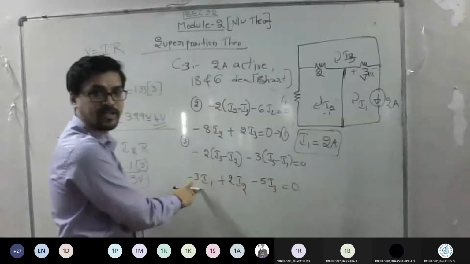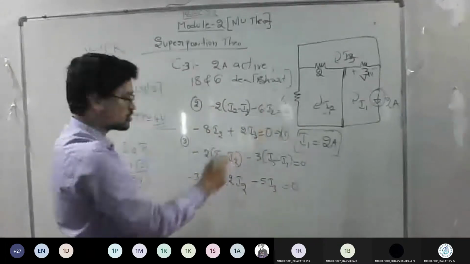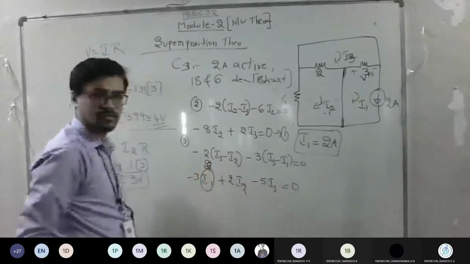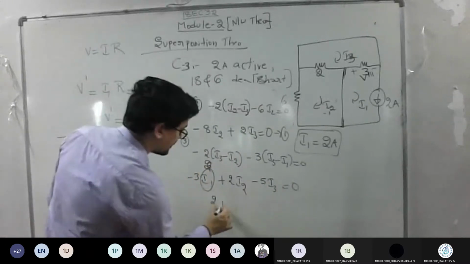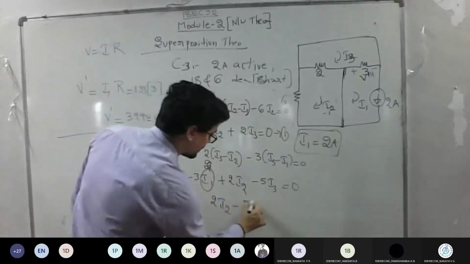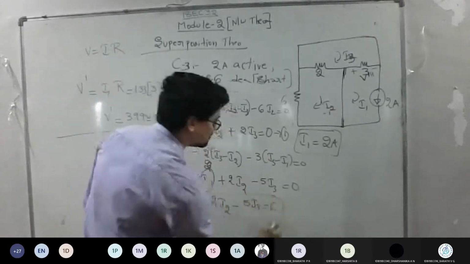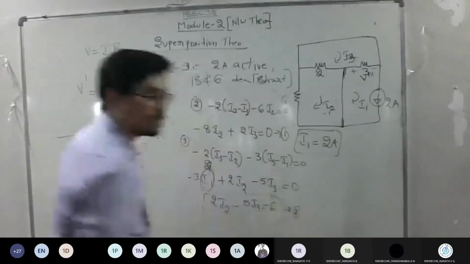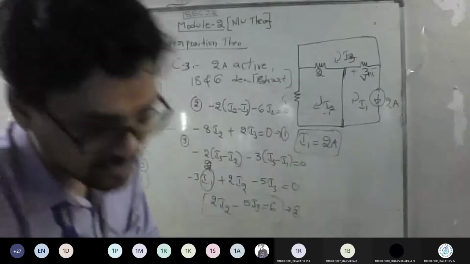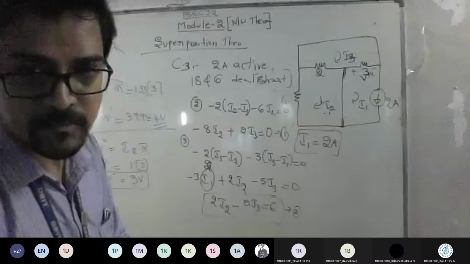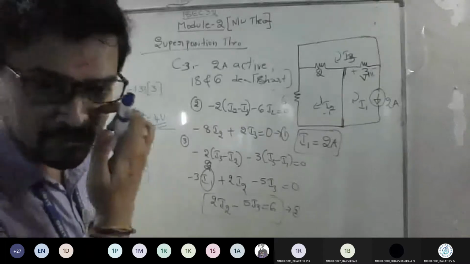So do you know the answer for I1 already? It is 2. So if you substitute 2 here, it becomes 6. So I can write this as minus 2 I2 minus 5 I3 is equal to 6. Is it correct what I wrote? Everyone? Am I clear till here?